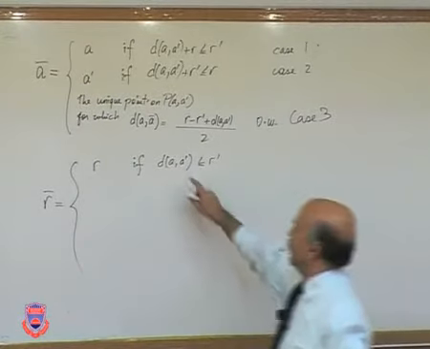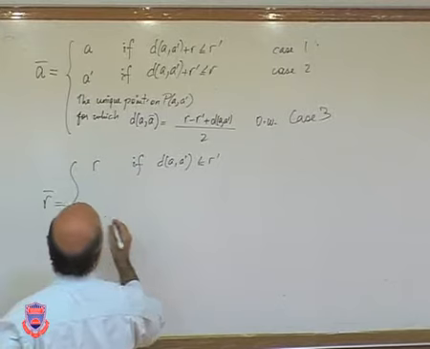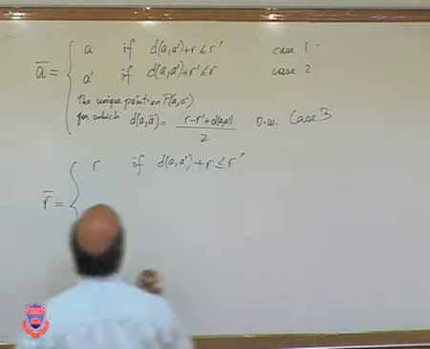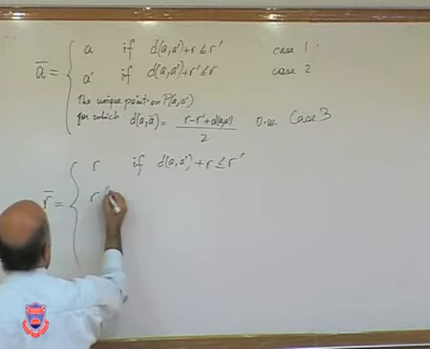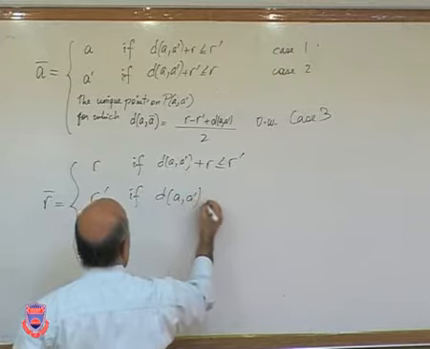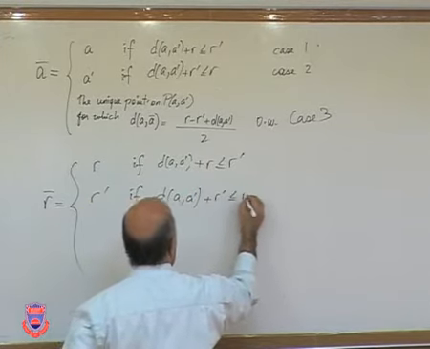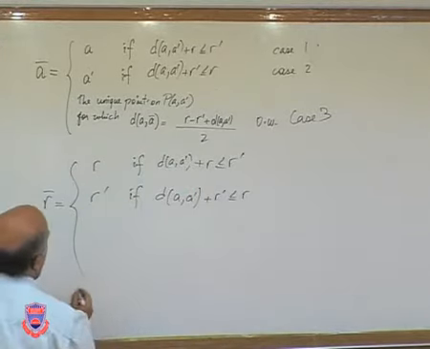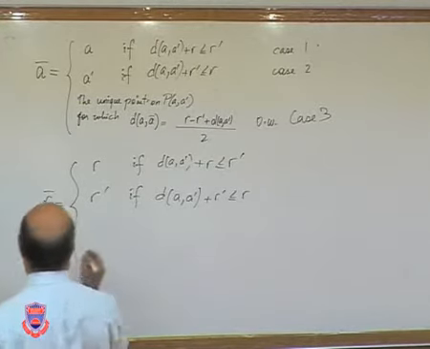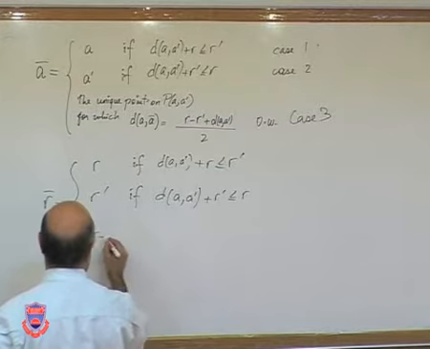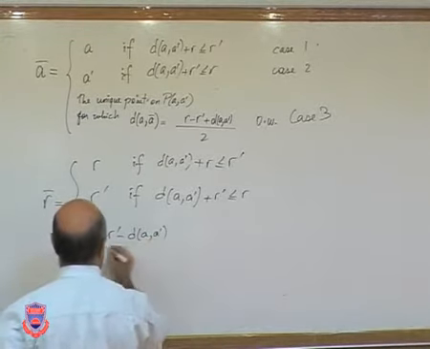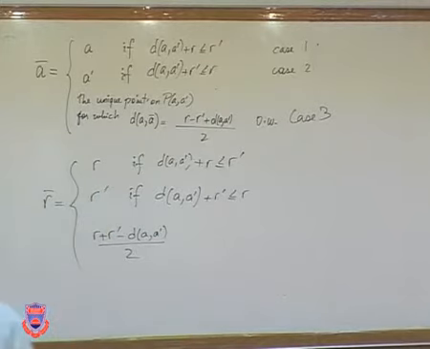All right, so in the first case, this is this situation. Plus R is less or equal R prime. In that case, it's R. In the second case, it's R prime. In the third case, it's going to be R plus R prime minus distance between A and A prime over 2.